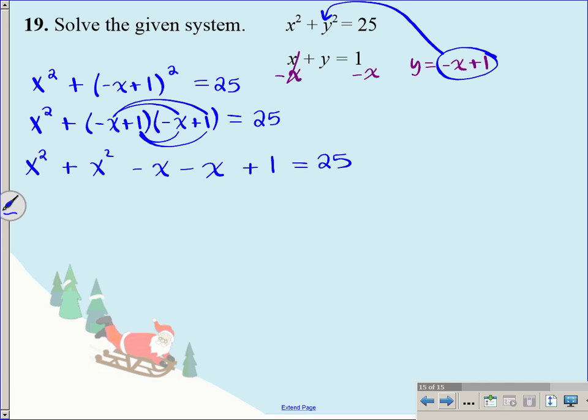So now I'm going to combine like terms. x squared plus x squared is 2x squared. -x minus x is minus 2x plus 1 equals 25. Well, this is a quadratic equation, and to solve a quadratic equation, we can factor it. But in order to factor, we need to be set equal to 0.